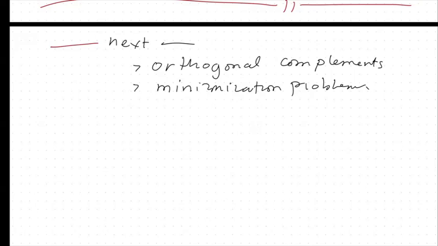So we will first define the orthogonal complement of U, and then we will develop the theory to get methods in solving minimization problems. Okay, I think that's all for today. Let me end the recording.